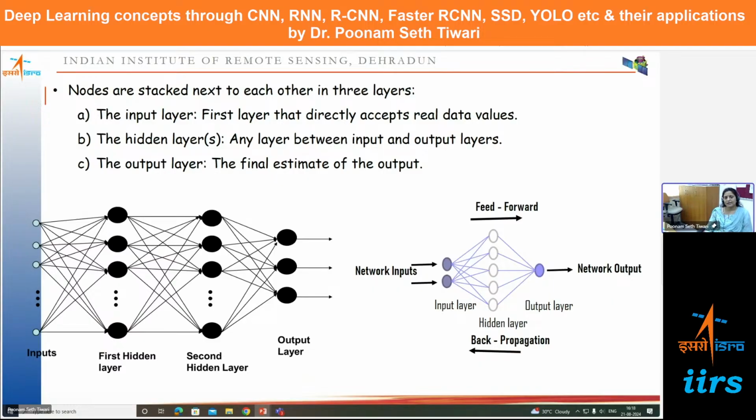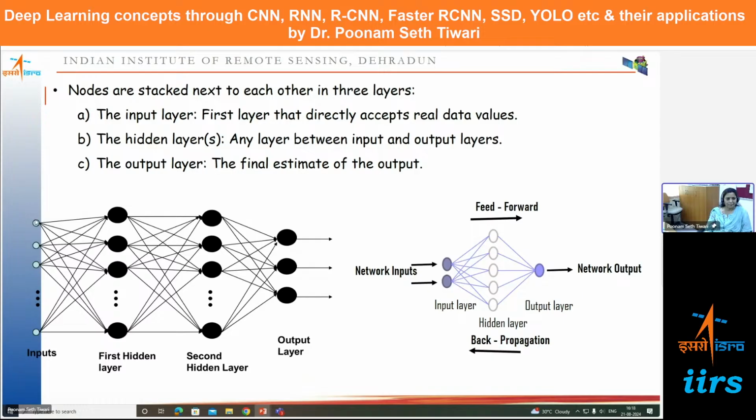The output layer gives the final estimate, the final output, and in between we have the hidden layers. How many hidden layers there would be, and how many nodes there would be in these hidden layers, can all be changed.